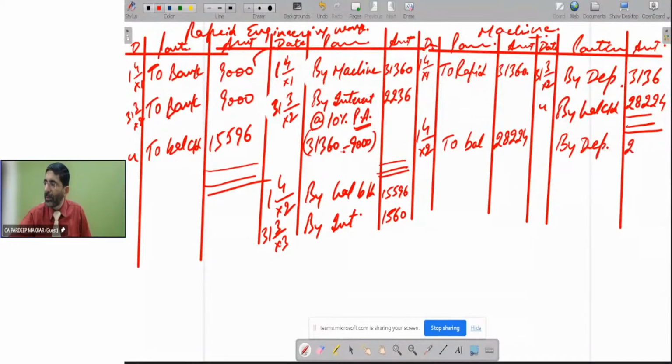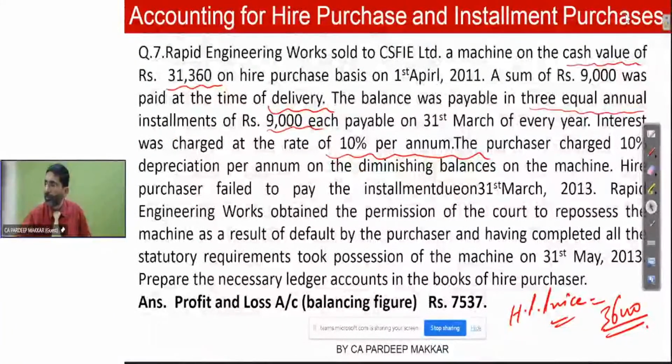So depreciation should be tied on this opening balance. Just check it out. Is that on diminishing balance method or on straight line method?